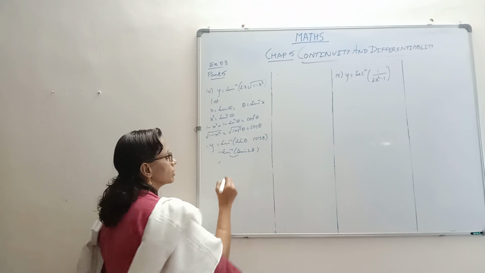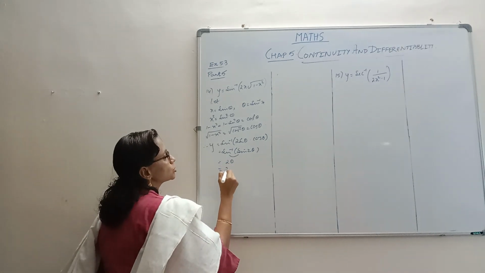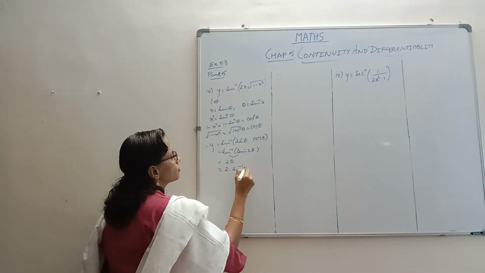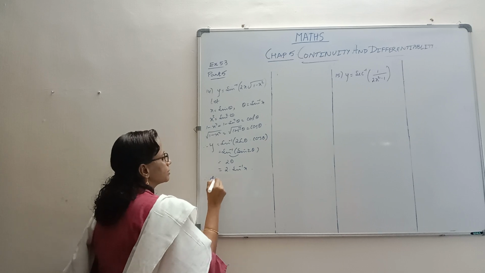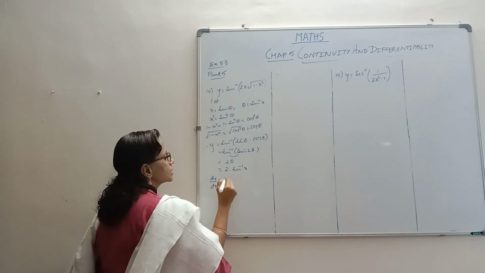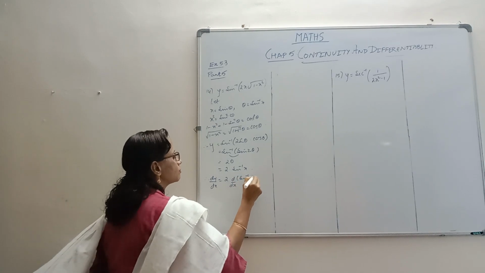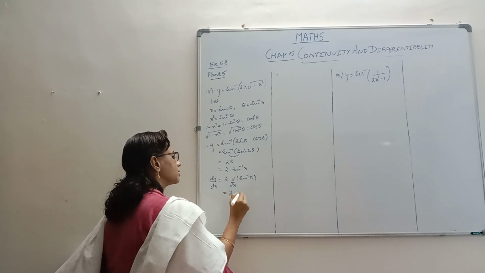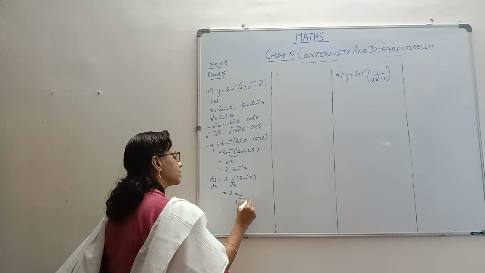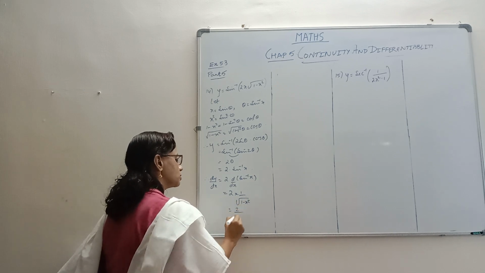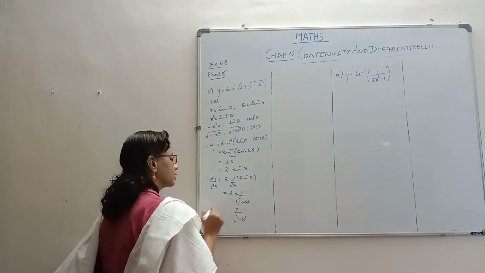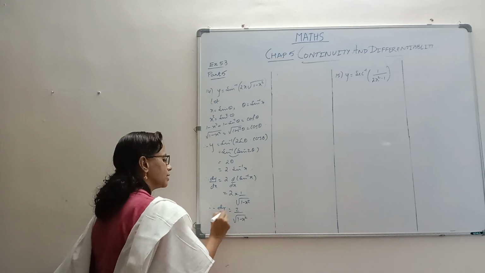So you are left with 2 theta, which is 2 sine inverse of x. Now we plan to take the derivative on both sides. Dy by dx is 2 times derivative of sine inverse of x. We know it. Derivative of sine inverse of x is 1 by root of 1 minus x squared. So this comes to 2 by root of 1 minus x squared, that is our dy by dx.